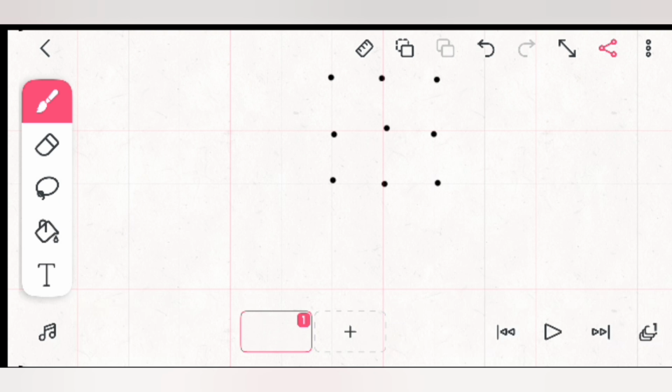So the number of lines you can make is the greatest common divisor, meaning whatever number these two sides, this side and that side, can divide into, the greatest number, that's how many lines or how many circuits you're going to have to complete. So let's do it as an example.